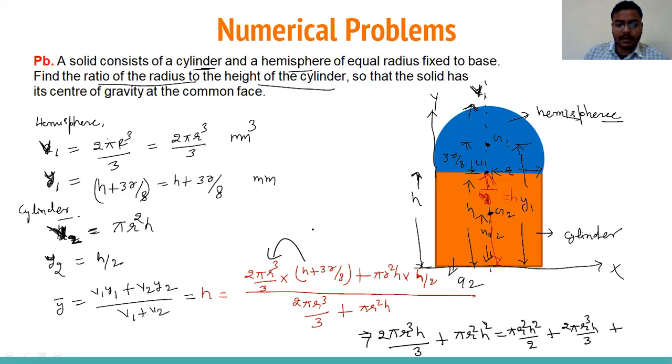Now I'm multiplying this one, so that 3 will cancel, and we can write pi by 4 r to the power 4.